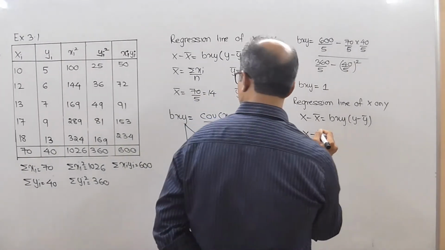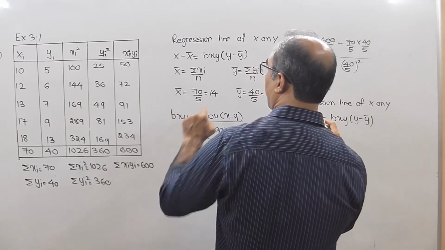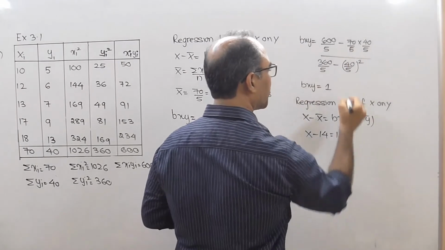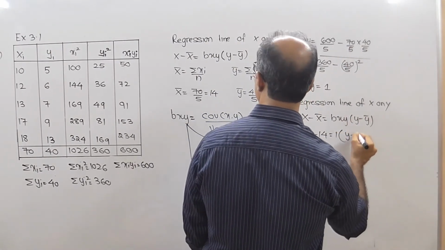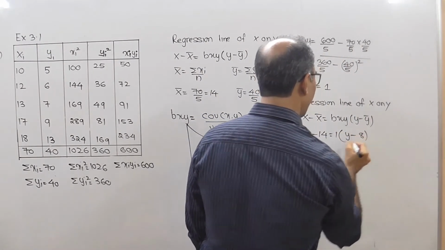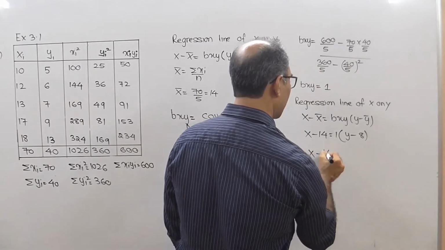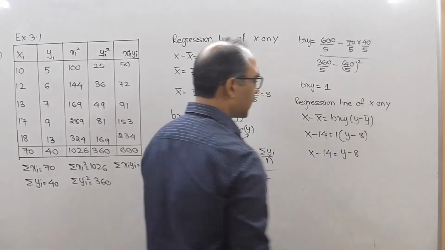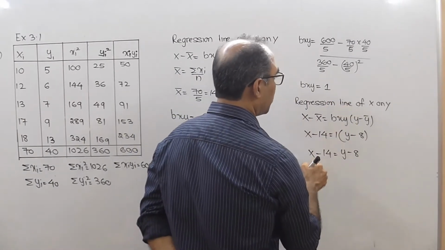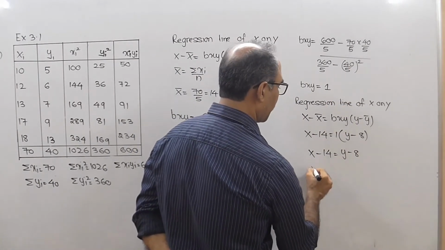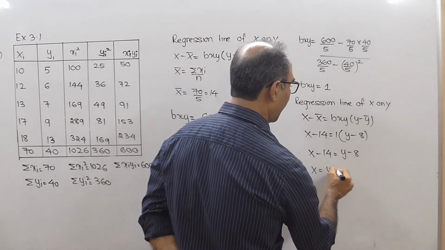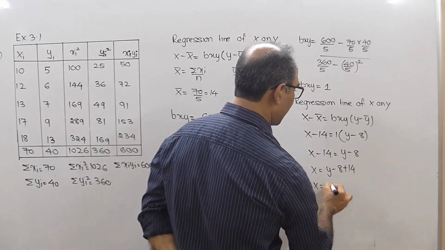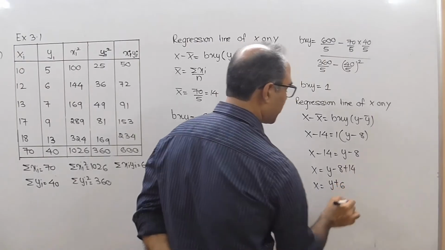X bar you have found is 14. You have to do the simplification, okay? And y bar is equal to 8, you get x minus 14 equal to y minus 8. Since you want regression line of x on y, keep x on the left, y minus 8 plus 14. So we get x equal to y plus 6.